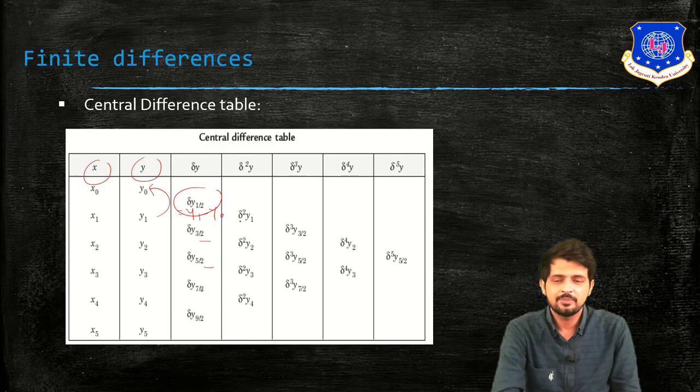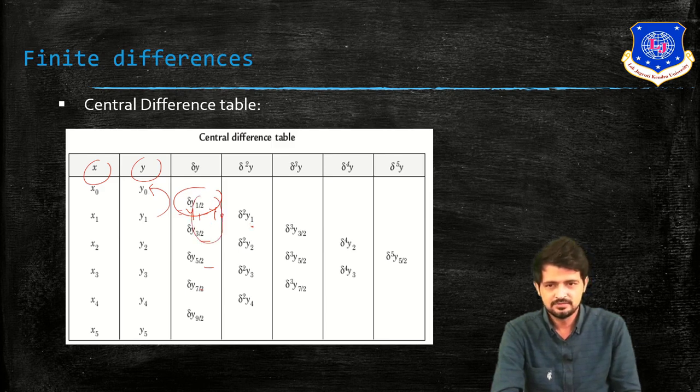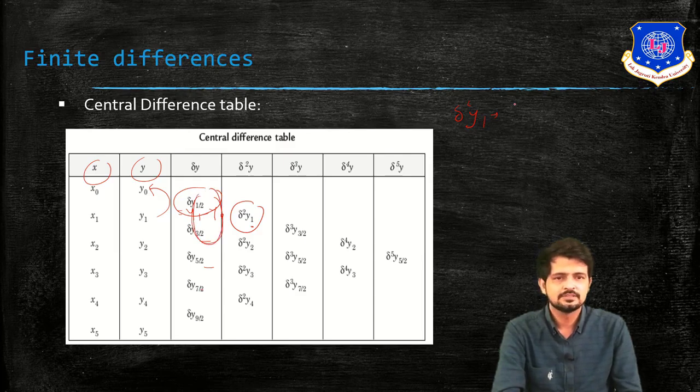Again, if I am taking the second difference, second central difference, then here 1 is written. Why 1? Because of the mid value of this. See how I can write here delta square y1. Why are we writing this? Because we have to take the mid value of these two. See, the mid value of these two will be 3 by 2 plus 1 by 2 divided by 2.